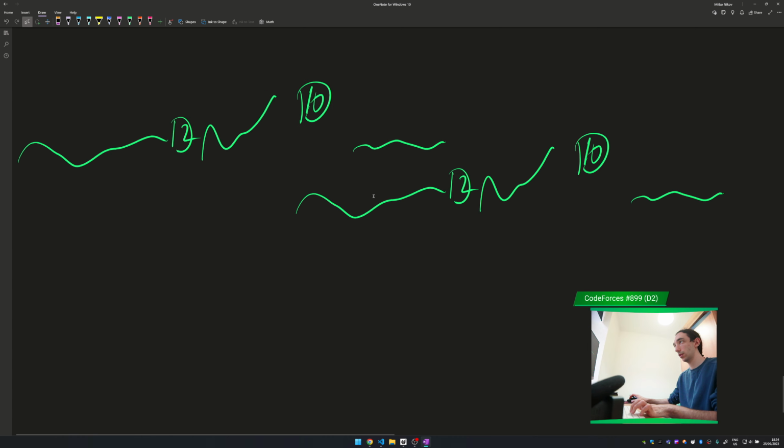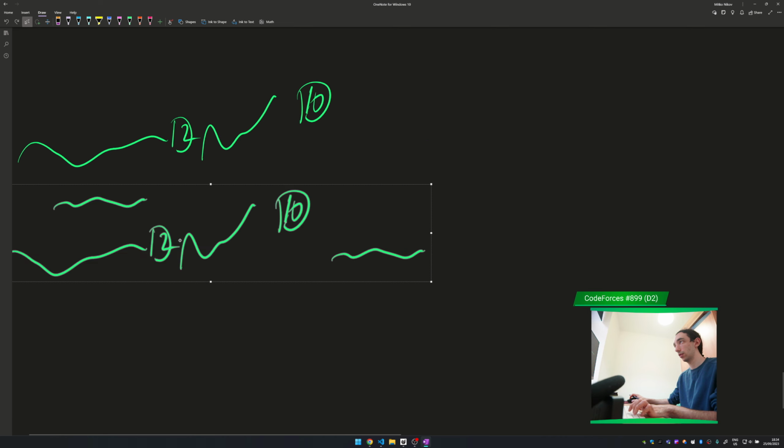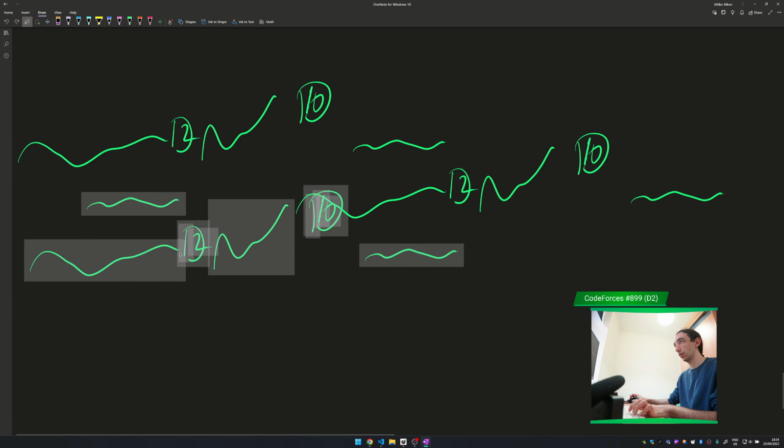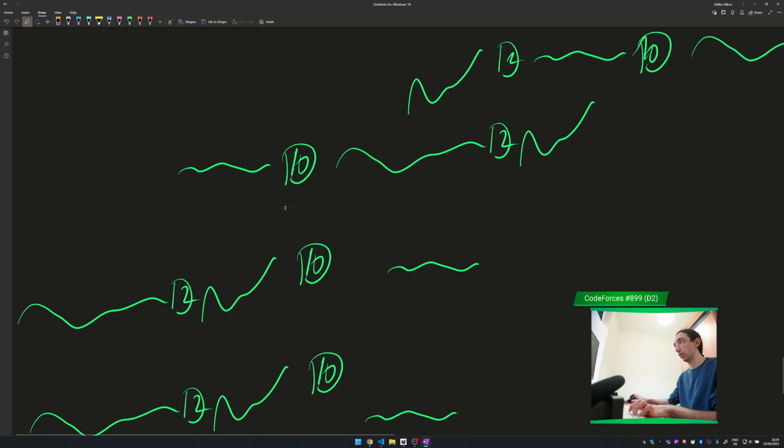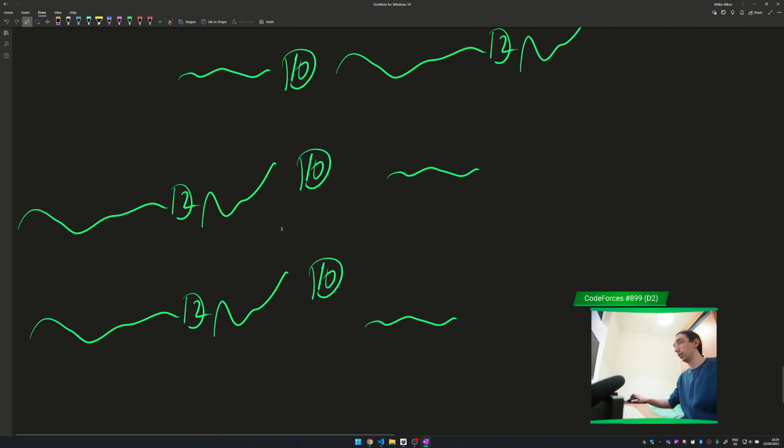If I swap now this and that, we swapped around 10.